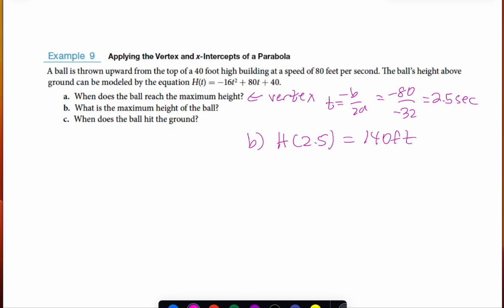Now, C is different. Okay, I can't draw, but you'll get an idea. So that's 40 feet. We threw the ball up. This was at 2.5 seconds. It's at 140 feet.